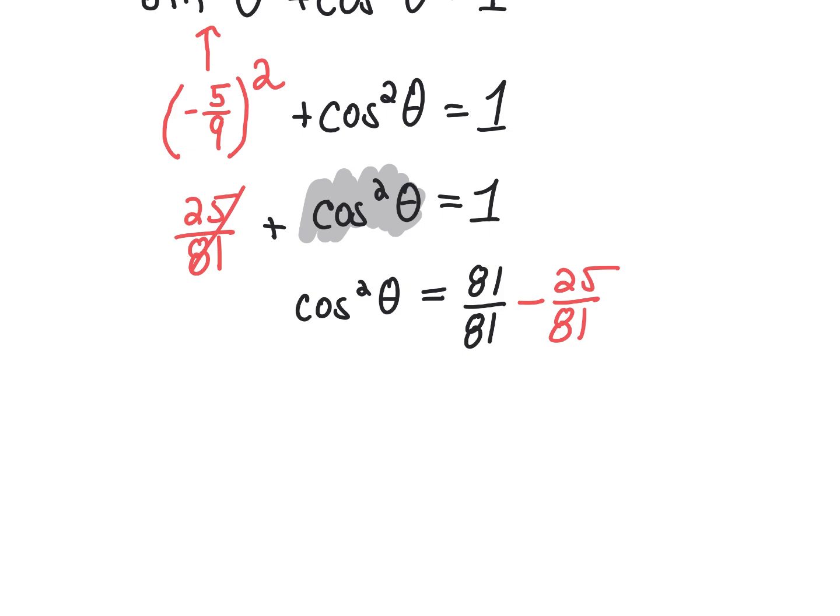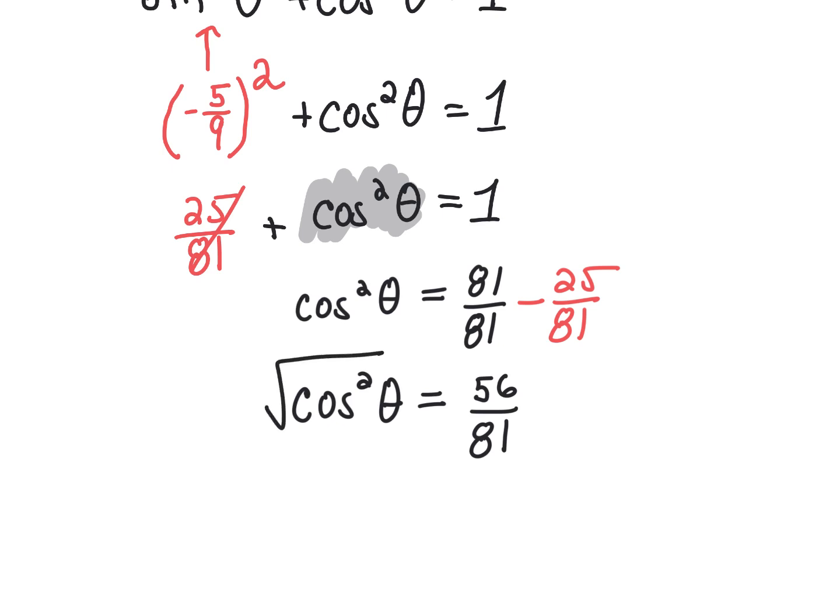I'm going to go ahead and find the difference between those two numbers. So you would do 81 out of 81 minus 25 out of 81, and you get 56 out of 81.